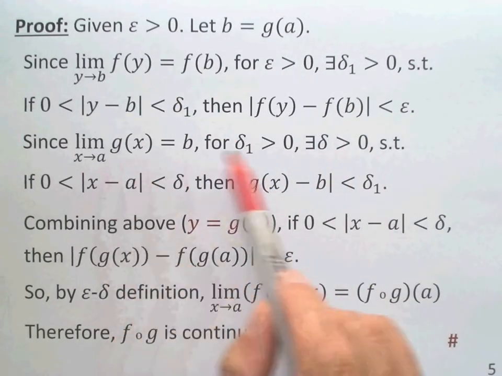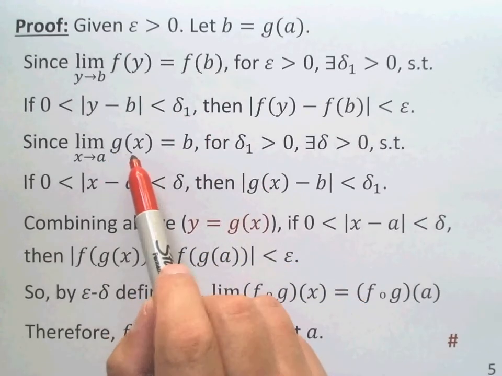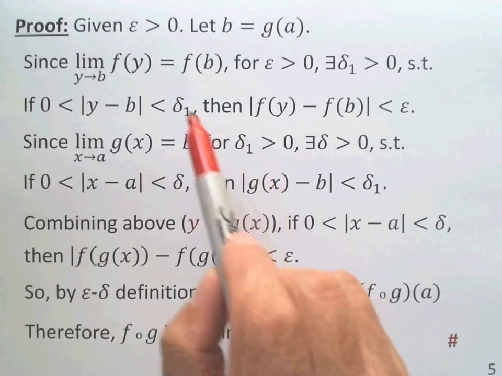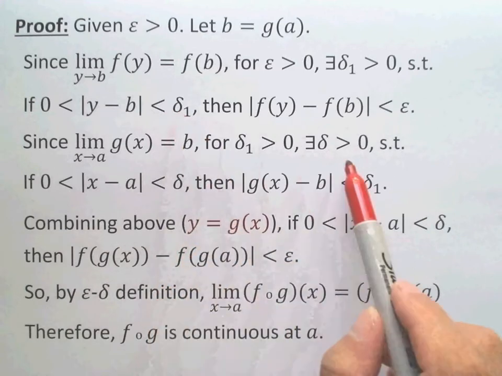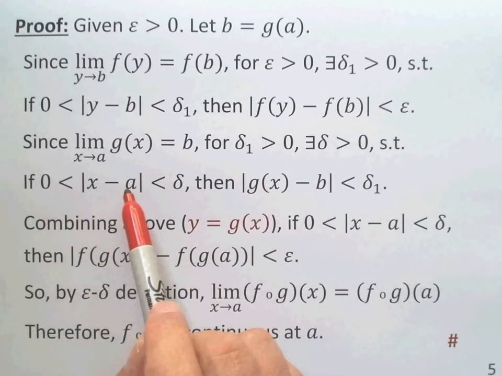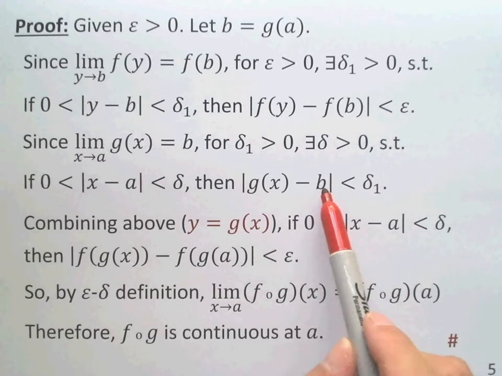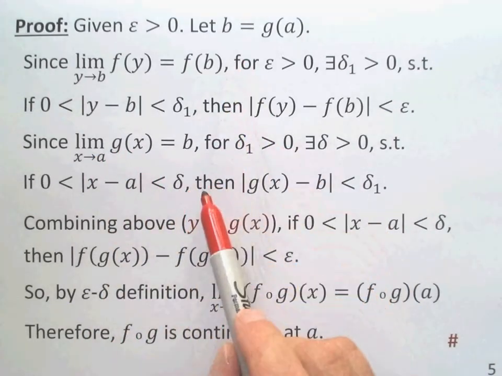That's the continuity. And then, because delta 1 is given here, since the continuity of g, yeah, that's true, right? So for this given delta 1, we can find the delta such that if x is going to the delta's neighborhood, then g will go to the delta 1's neighborhood of b, because of the continuity.